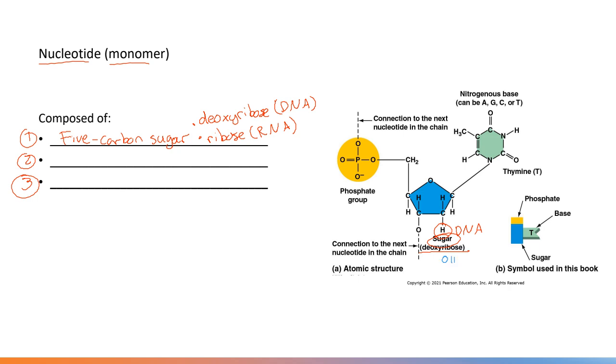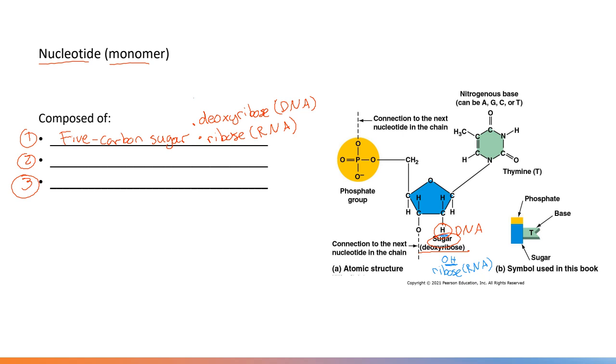So an OH would make the sugar ribose, and that would be for RNA. Okay, so that's the only difference in the sugars, right? Deoxyribose has a hydrogen. Okay, that's the sugar for DNA, and if the sugar has an OH instead, then it's going to be ribose for RNA.